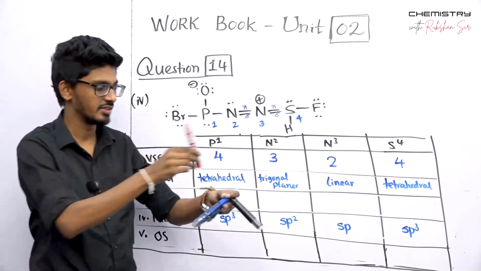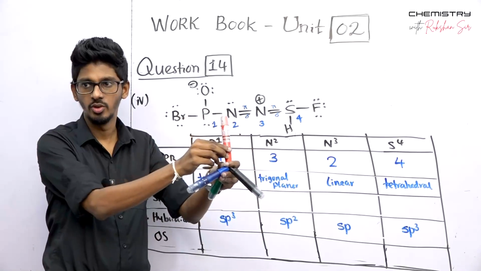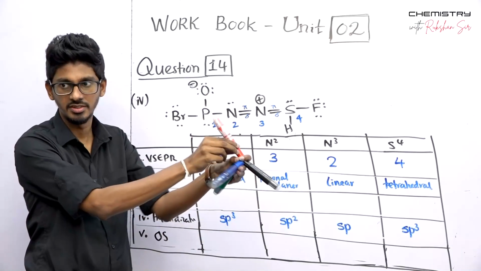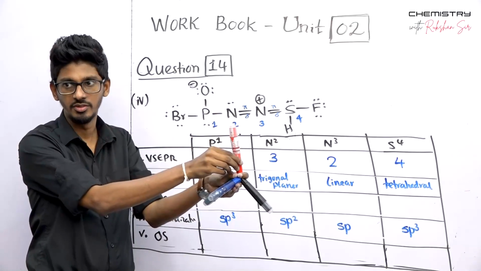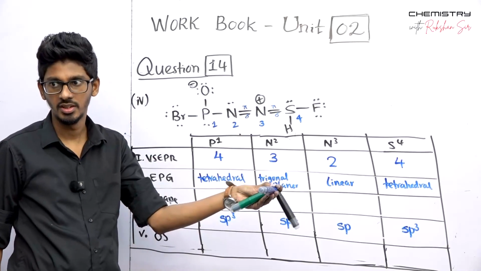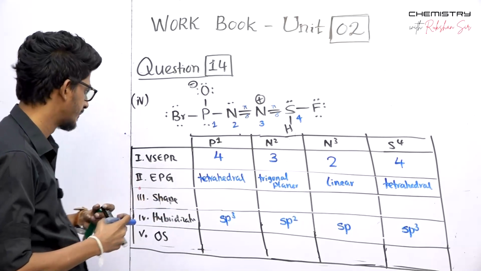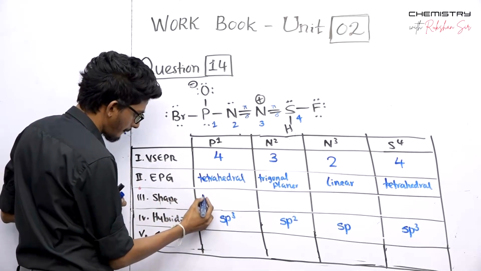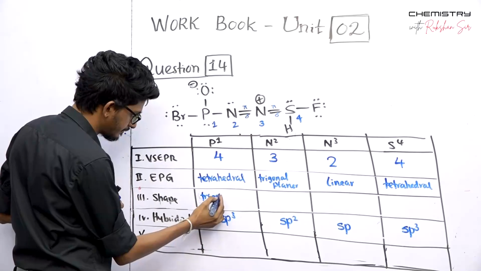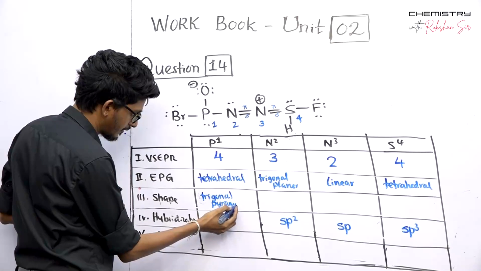So if 1 is gone, you remove this one. This is the remaining, right? So this is pyramidal, no? Pyramidal shape. This is trigonal pyramid.